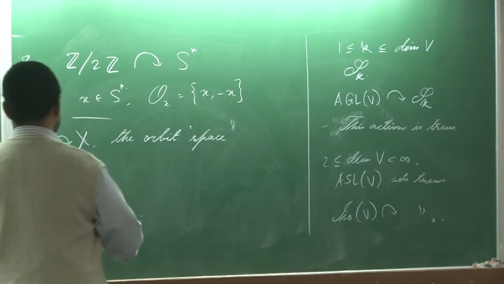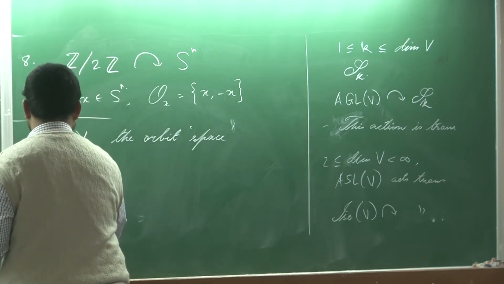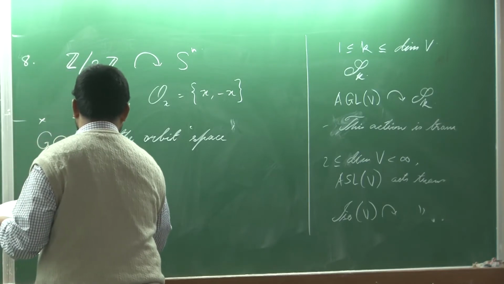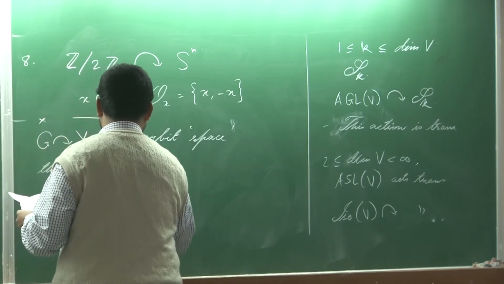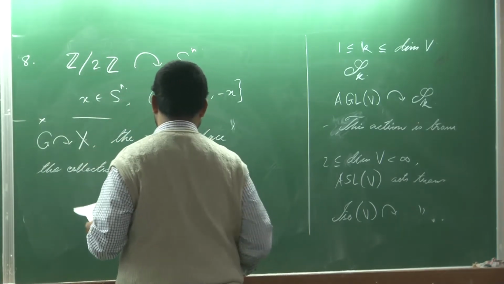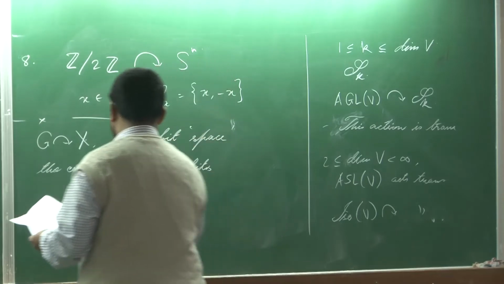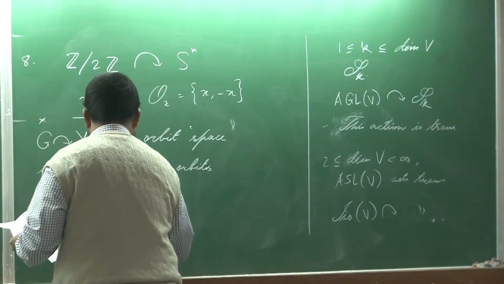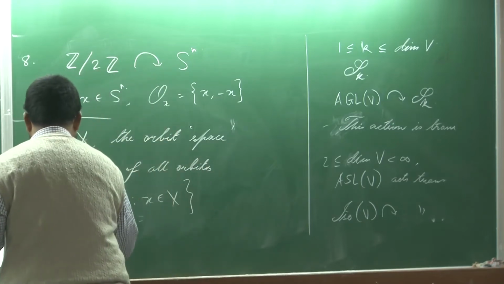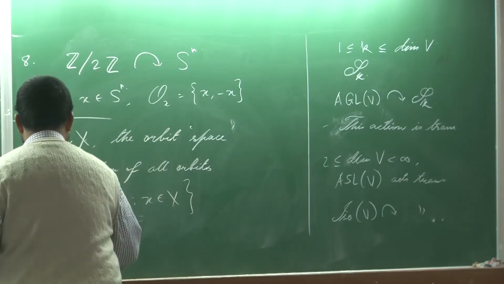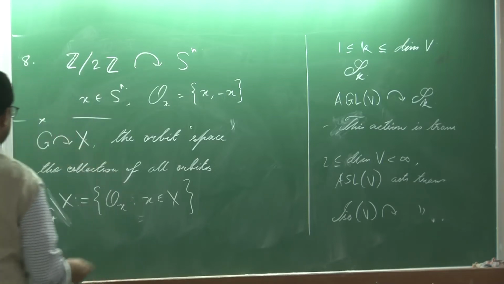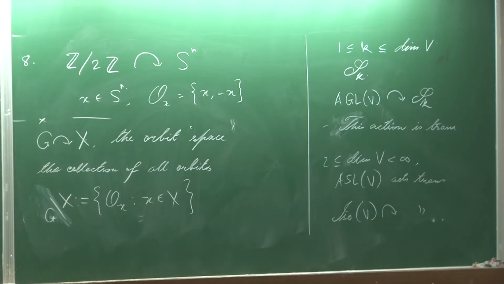The orbit space is nothing but the collection of all orbits under this action. Some authors denote this by X/G, with G written slightly downwards, which has to be distinguished from the set difference.